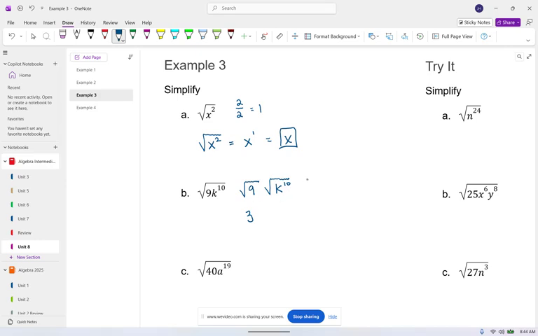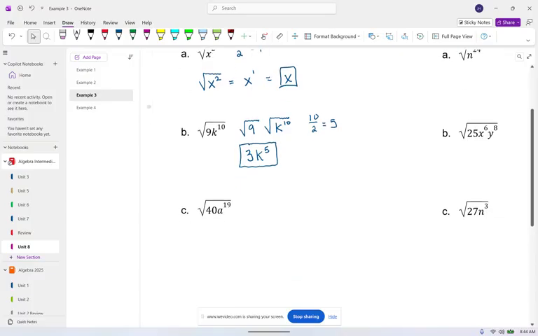And then 10 is an even number, so we're going to take 10 and divide by 2 to get 5. So that means we're going to pull out k to the 5th.